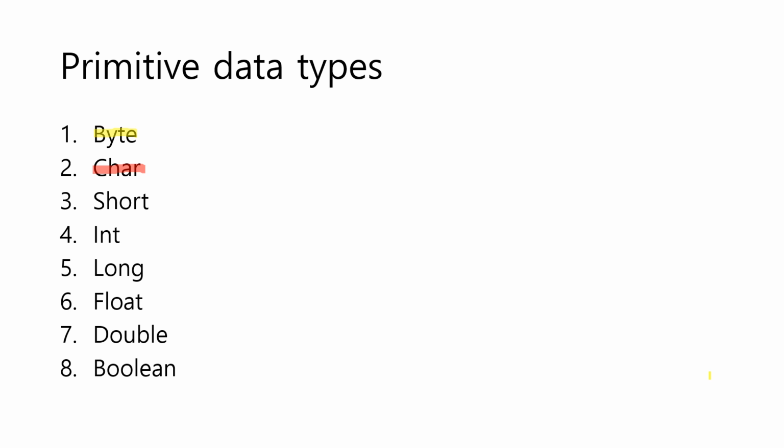Next is the short data type. The short data type is for storing smaller integers, but things that are bigger than byte. And it is almost never used in FTC. Next is the int data type.